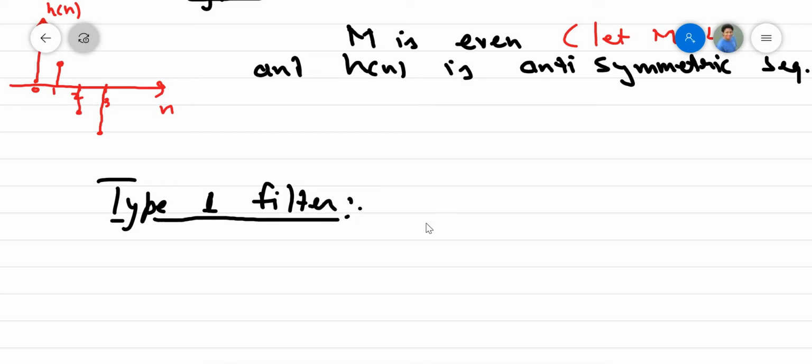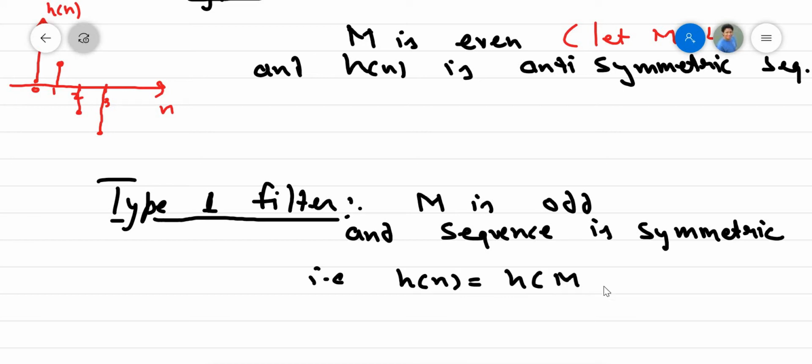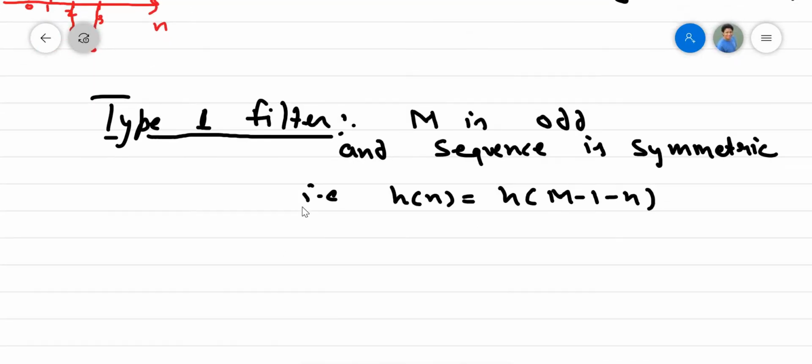The case is M is odd and the sequence is symmetric. That is, h[n] will be equal to h[M minus 1 minus n].